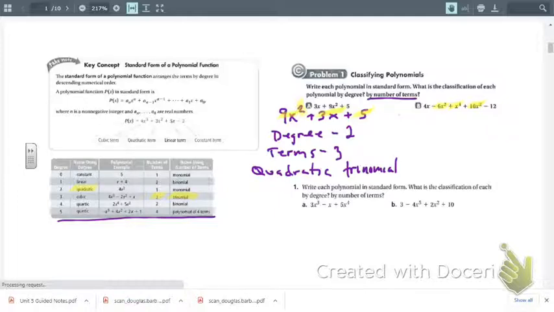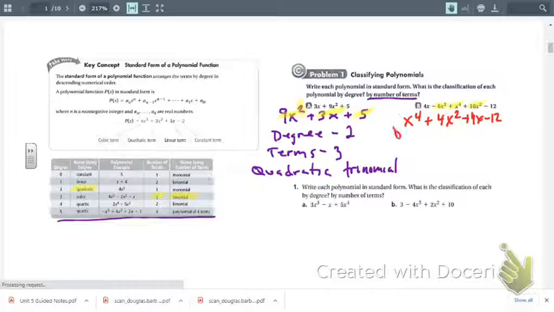So let's do that. We're going to put an x to the fourth first. And then I have a negative 6x squared plus 10x squared. I can combine those to give me 4x squared. And then plus 4x minus 12.